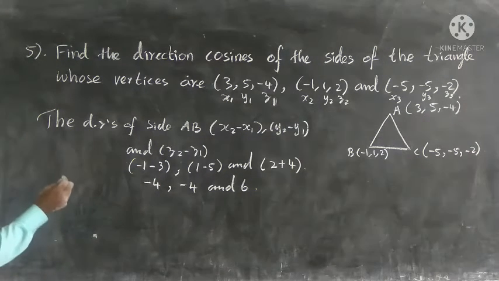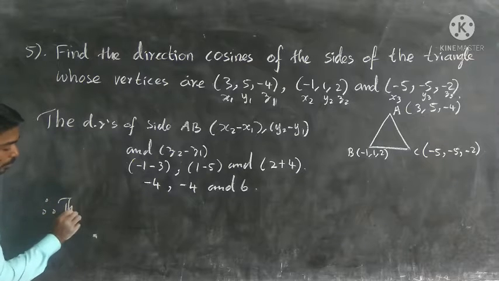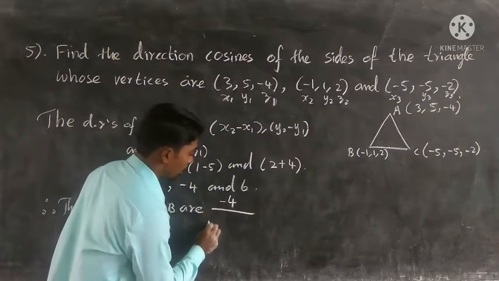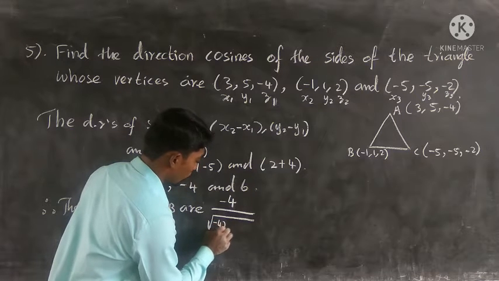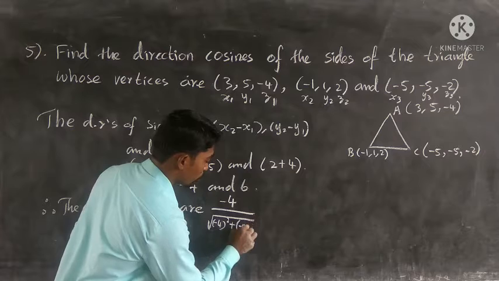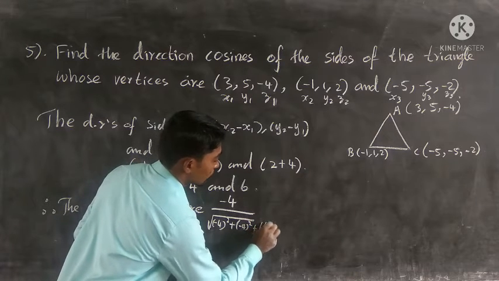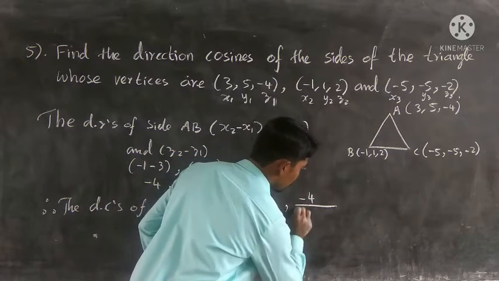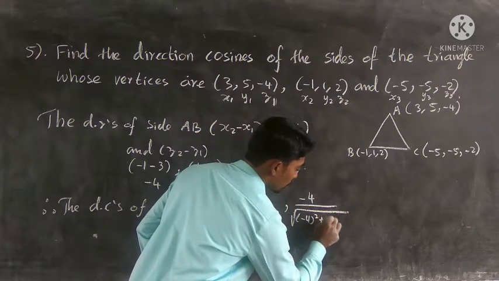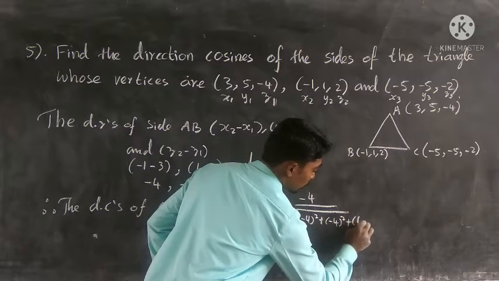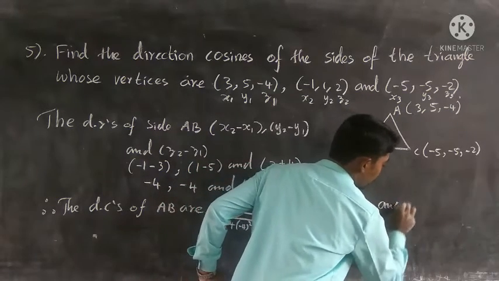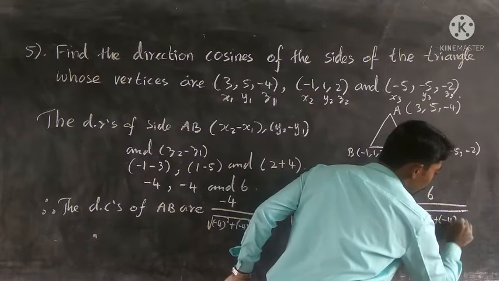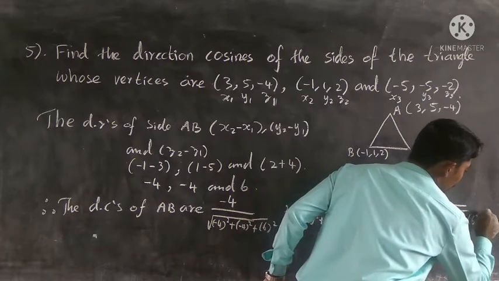Therefore, the direction cosines of AB are -4 divided by square root of (-4)^2 + (-4)^2 + 6^2, -4 by square root of (-4)^2 + (-4)^2 + 6^2, and 6 divided by square root of (-4)^2 + (-4)^2 + 6^2.